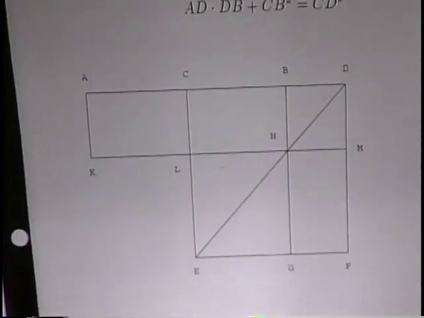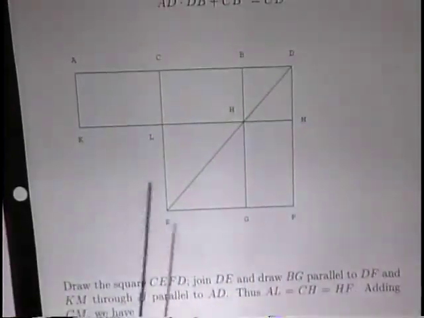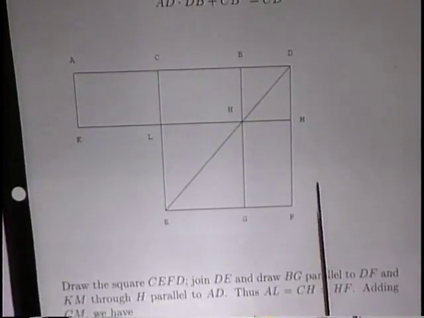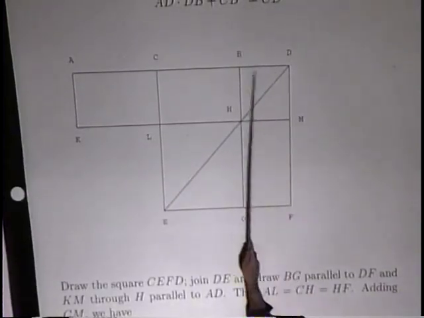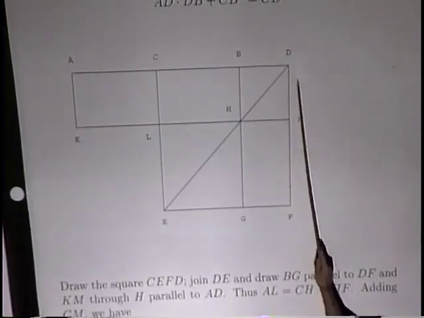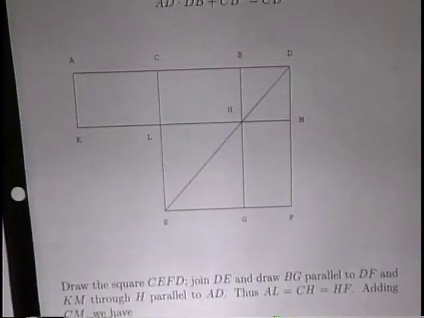The rectangle contained by the whole with the added straight line, this is the whole with the added straight line, and the added straight line, which is this. So this is the added straight line, and that's this. So the rectangle contained by the whole with the added straight line and the added straight line is that, together with the square on the half.